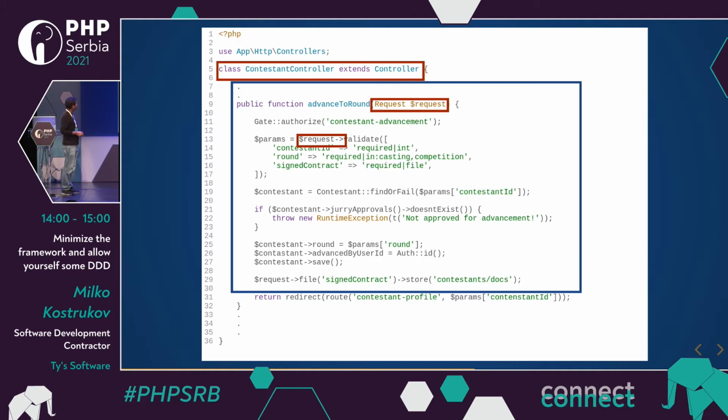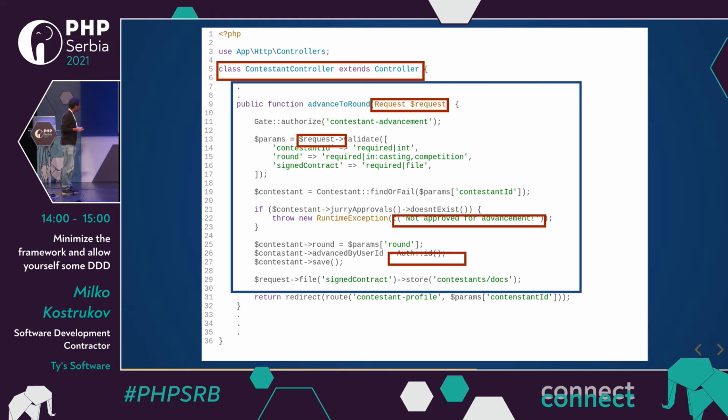And input-output, we have more requests and validation of data here. We have presentation logic, because translating the not approved for advancement message is presentation logic, since our domain doesn't really need to know how many languages are supported. This is presentation.